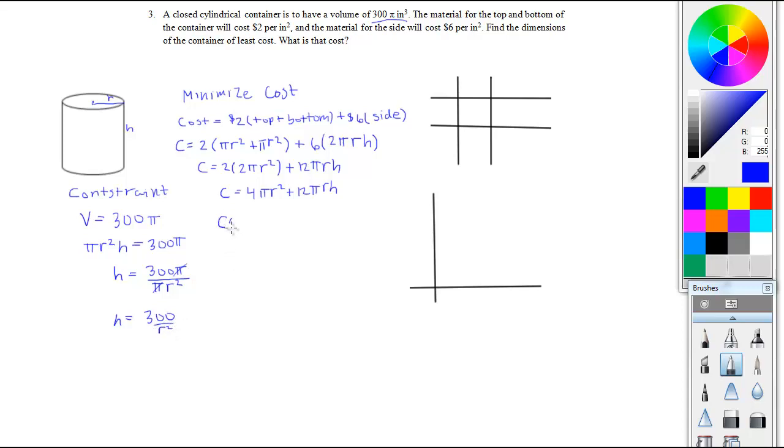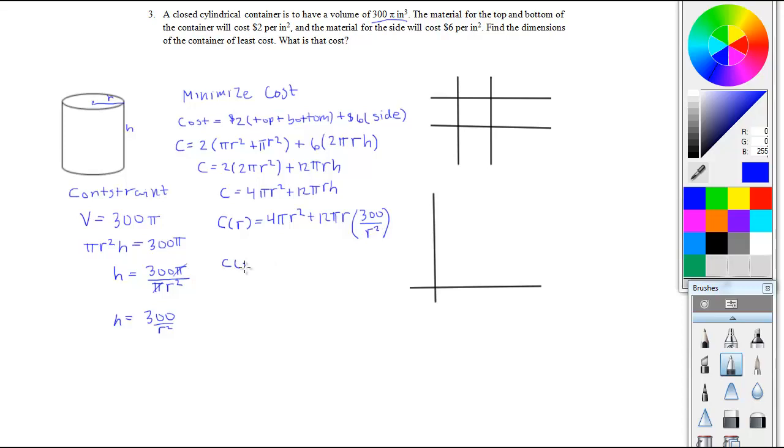So the cost as a function of the radius of the can is equal to 4 pi r squared plus 12 pi r times 300 over r squared.